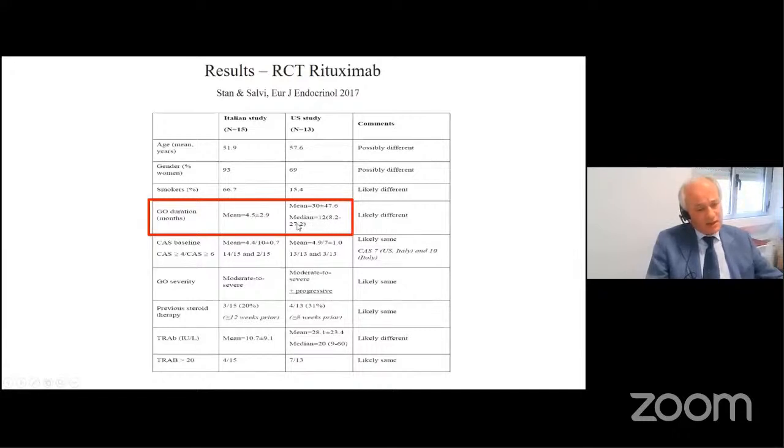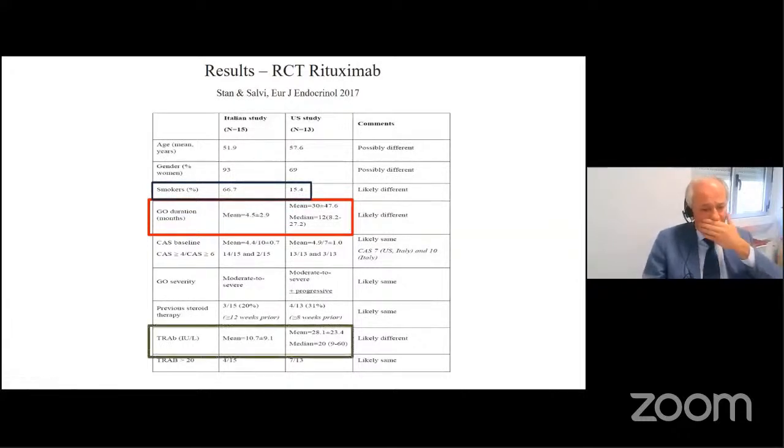This may explain why the effect of rituximab is really important when it is employed very early in the disease. Then when we compared the number of smokers, in fact, smokers were much more numerous in our group, and usually smokers are less responsive to whatever immunomodulatory treatment we use, even steroids. And when we measured TSH receptor antibodies, probably our patients were somewhat less severe than those studied in the American study, because the levels of TSH receptor antibodies were lower.